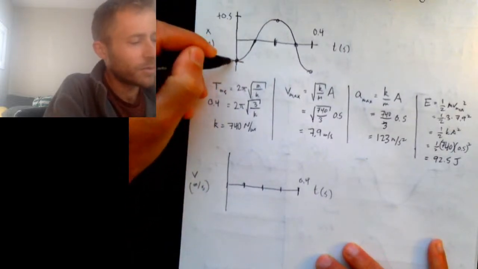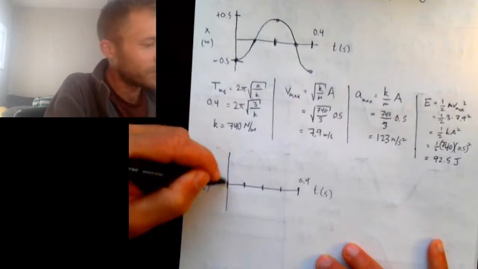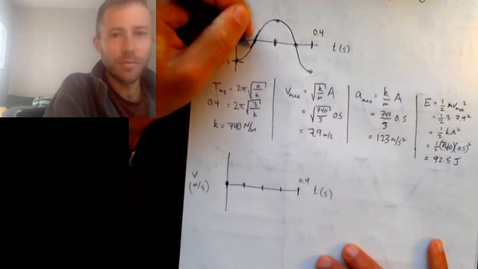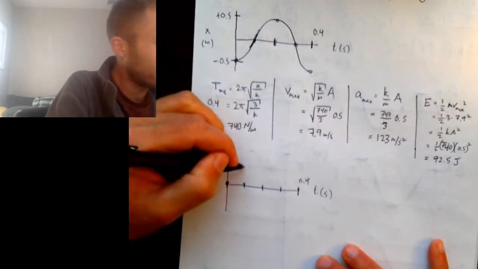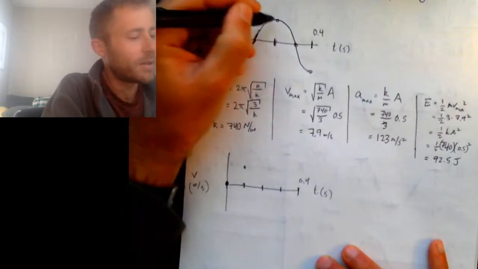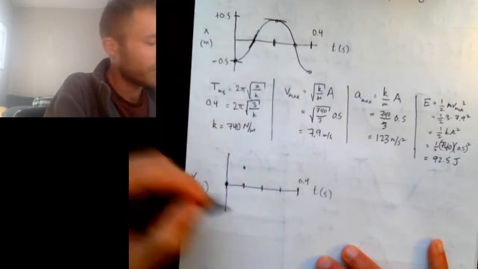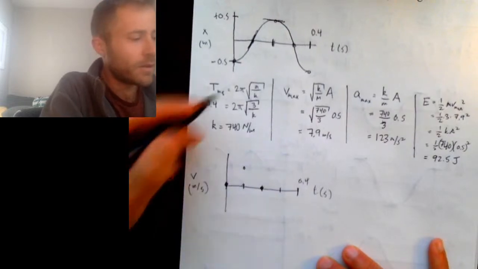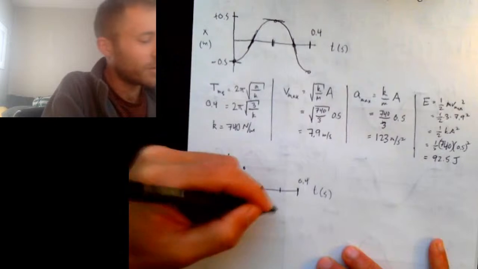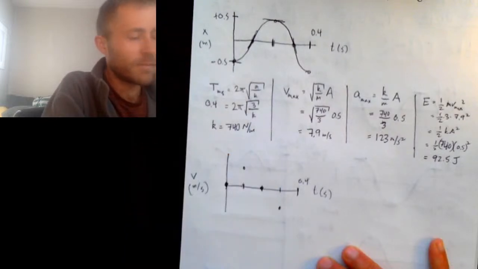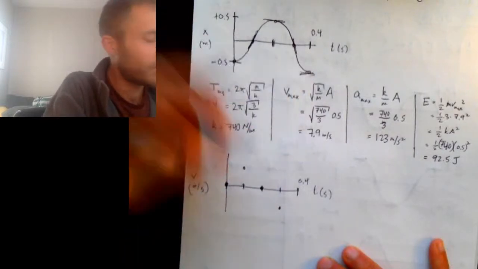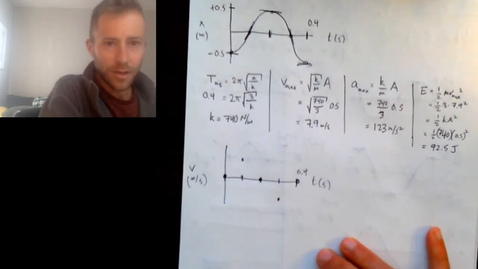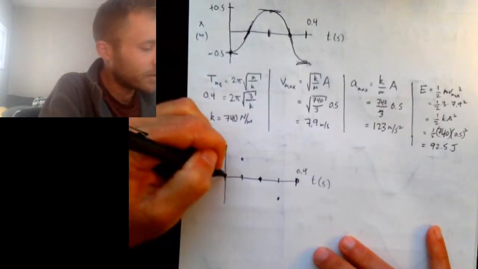Here, I have a slope of 0, so I'm going to mark 0 at that time. Here, I have a positive slope, so I will mark a positive value at that time. Here I have a 0 slope, so I will mark 0 at that time. Here I have a negative slope, so I will mark a negative value at that time. And here I have a slope of 0, so I will mark a 0 slope there. So I have all my dots, which I can then use to connect.